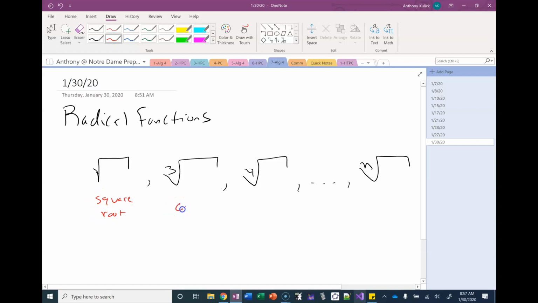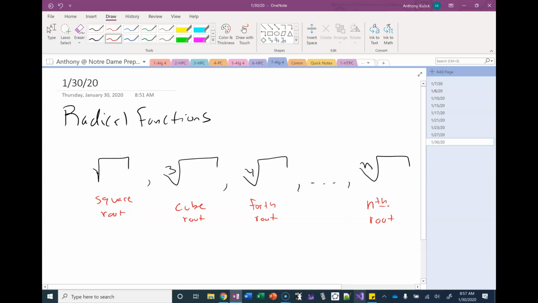So square roots, cube root, this is like a fourth root. The next one would be the fifth root, and then the sixth root, and the seventh root, and etc. And we call this guy at the very end the nth root.